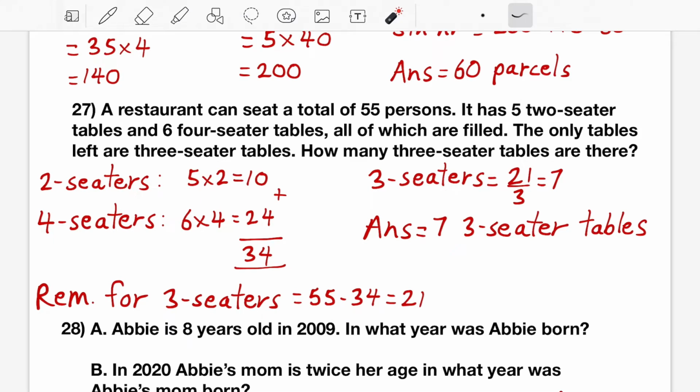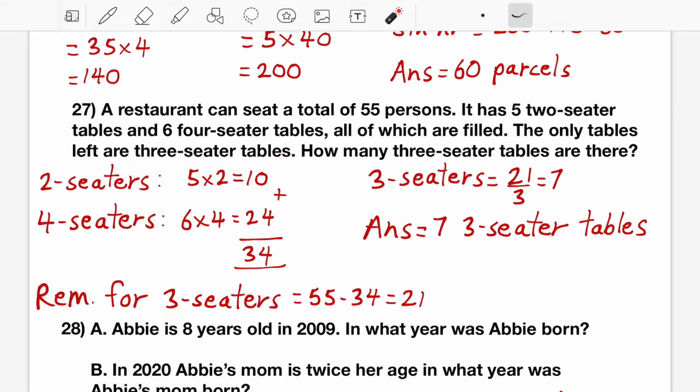Number 27. A restaurant seats 55 persons, 5 two-seaters, so that's 10 seats, and then we have 6 four-seaters, so that's 6 fours are 24, so that's a total of 34 seats so far, and then we have some 3-seaters.